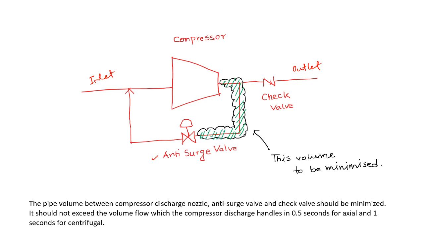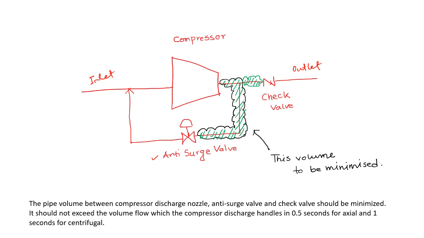This should include this also, because if this volume is very high, the anti-surge valve has to open more to recycle more volume of flow through it, and this will take more time, and the surge action happens really fast. So if this volume is more, this valve needs to open more, and recycling all the volume of fluid contained here back to the inlet may be difficult.